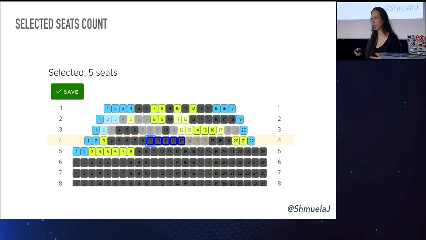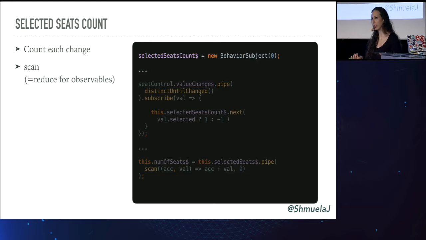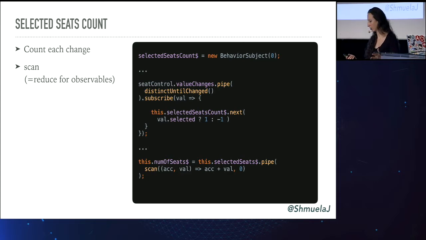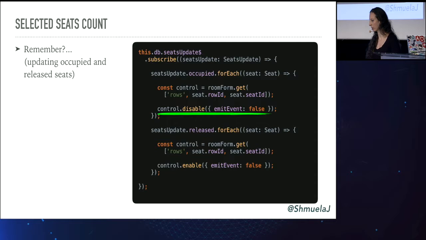Counting. To count how many seats we're using, again, another subject. I subscribe to the changes and pass either 1 or -1, whether it's selected or unselected. Then there's an operator like reduce, scan, which accumulates the values and gives me the count.